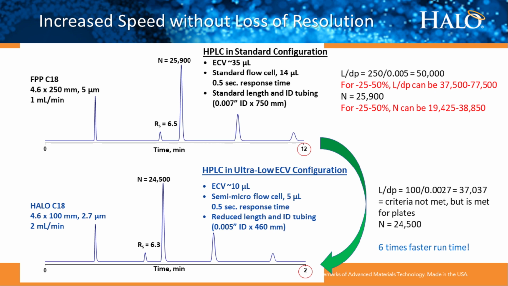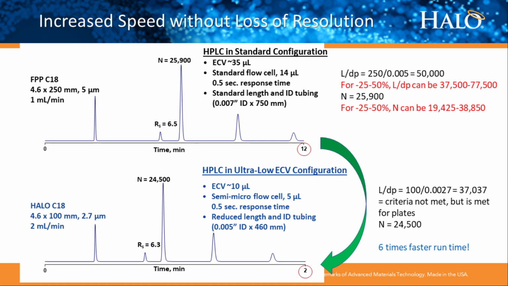So if we optimize this for a Halo column, what we've done is we've shortened the column to 100 millimeter. We're using a smaller particle size, 2.7 micron, and we've increased the flow rate to 2 mL per minute. In order to see these results, we had to reduce the extra column volume to 10 microliters.